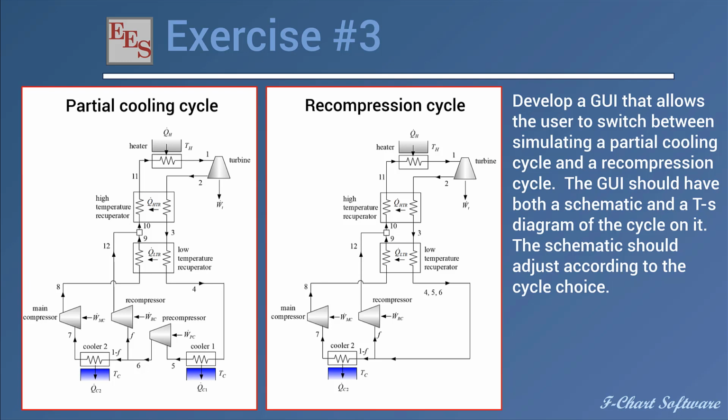There's a TS diagram of the cycle that needs to be on the diagram window as well. You might want to look into the $PropertyPlot and the $OverlayPlot directives in order to accomplish that. And yeah, if you look at it, you can see that it's going to take a little bit of logic and thinking to do this. One thing you should realize is that if you want to remove the pre-compressor and cooler 1, you're going to actually have to change some of the equations in the actual cycle model based on what the selection is, right?